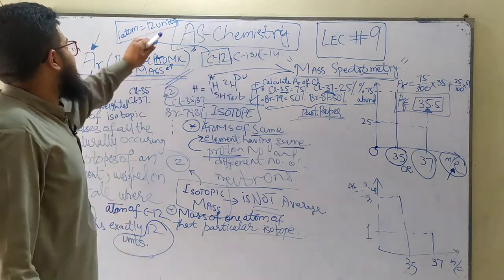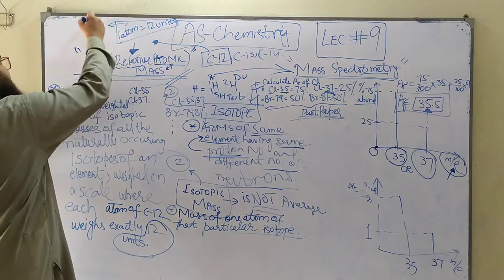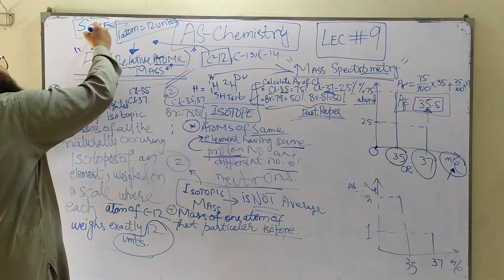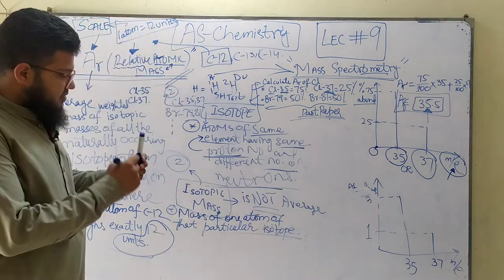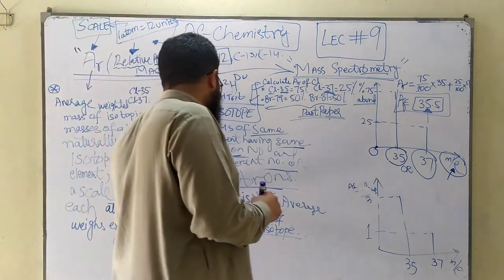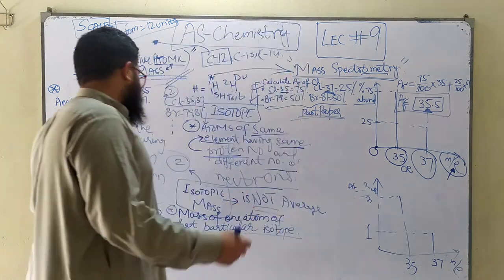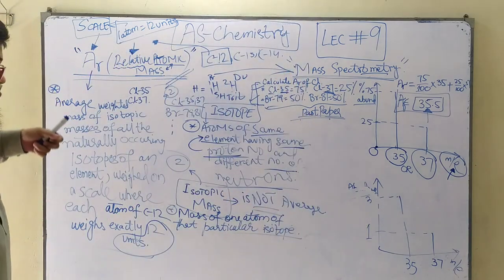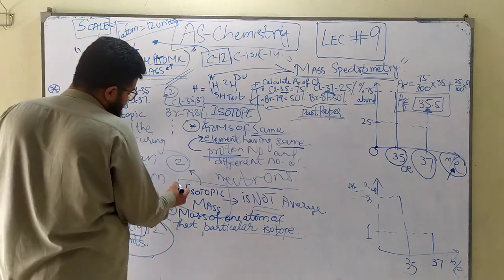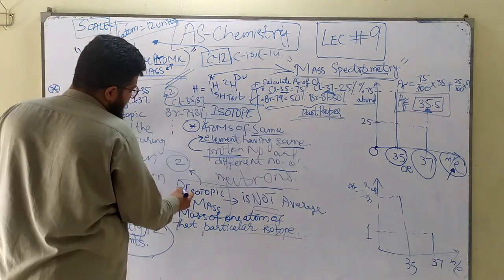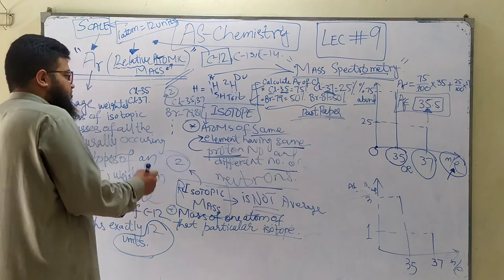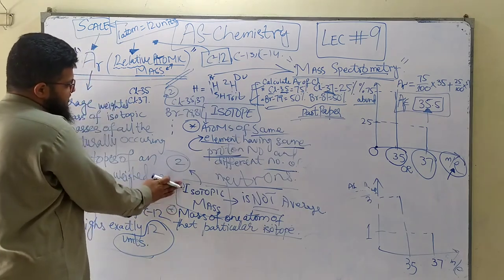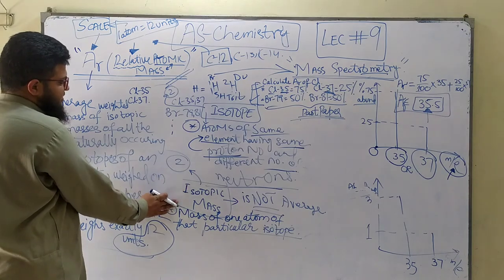This is our standard of that scale, the scale which measures the mass of the different isotopes. Similarly, you could call the isotopic masses the relative isotopic masses as well, because they have been measured relative to the carbon 12 atom. But generally it's just isotopic mass that is usually asked.